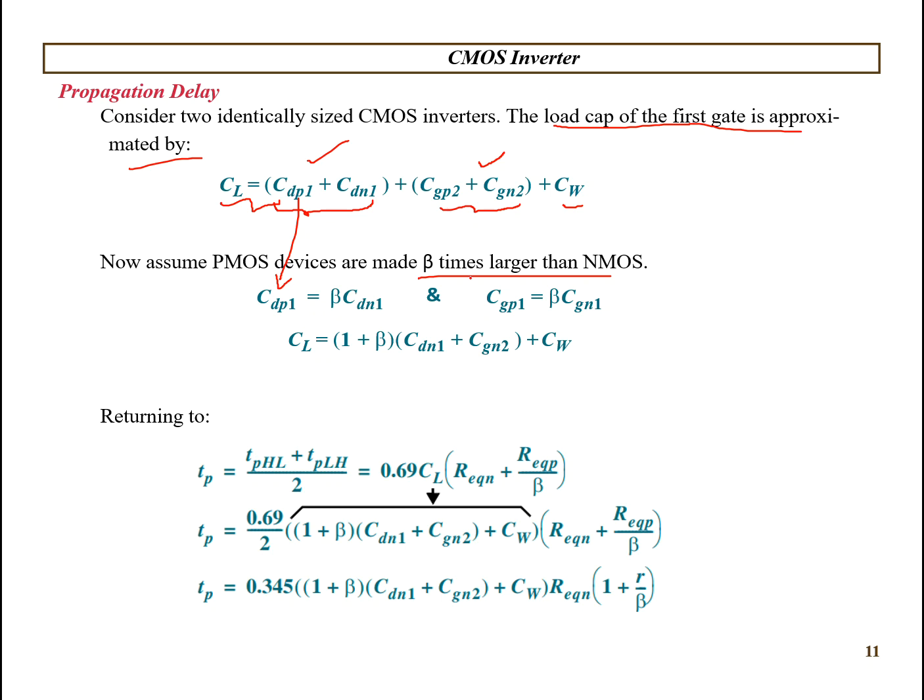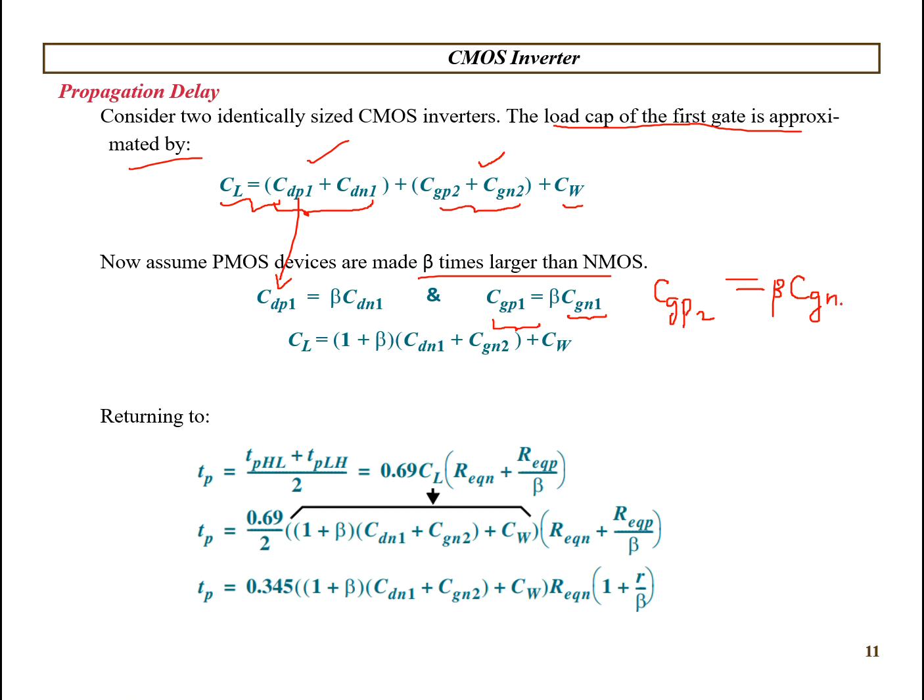Similarly, the gate capacitance of the PMOSFET CGP2 is equal to beta times that of your NMOSFET, so I am writing CGP2 equal to beta times CGN2.